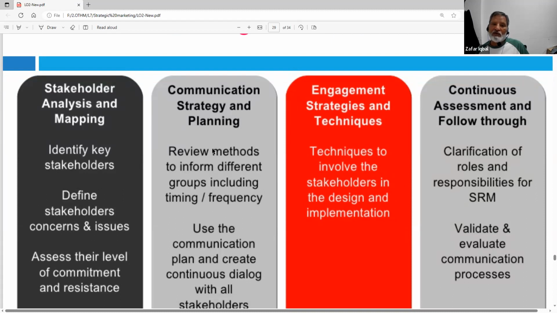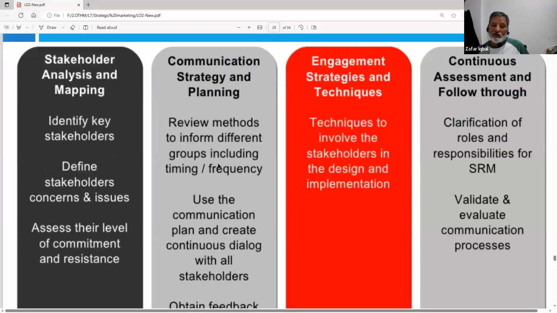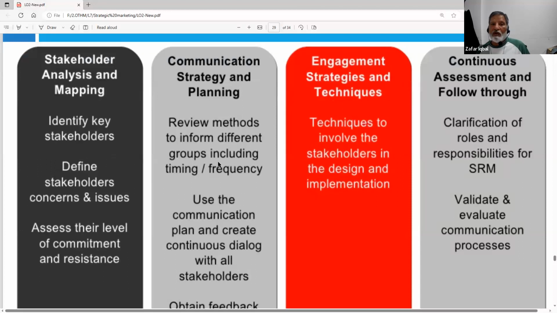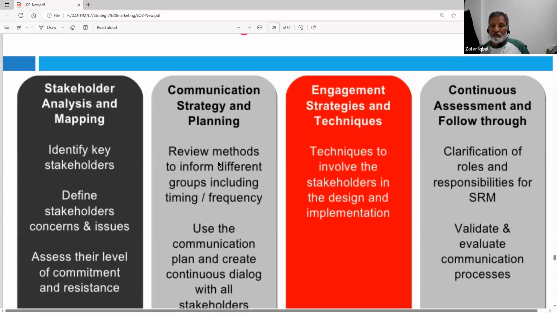We can make sure that we have a communication plan, and that we talk to the stakeholders by involving them, by giving them feedback, by looking at their timing, so we can determine that kind of policy and planning.